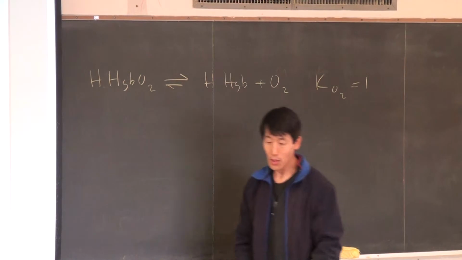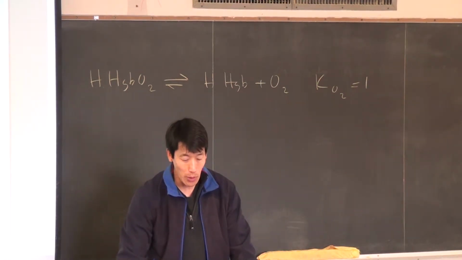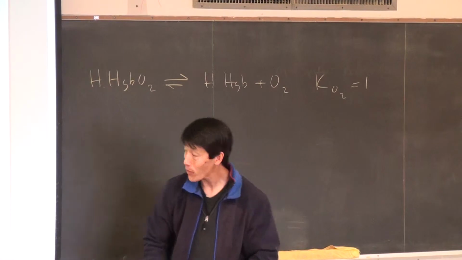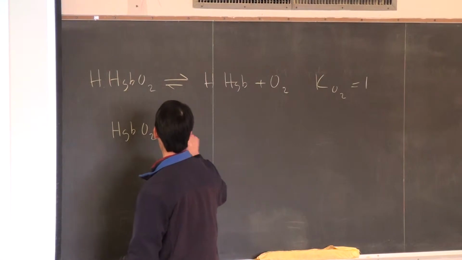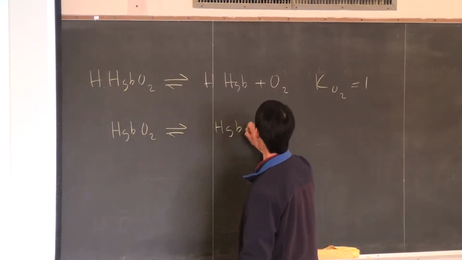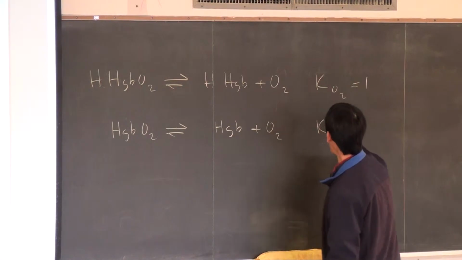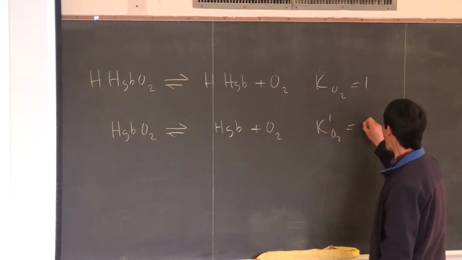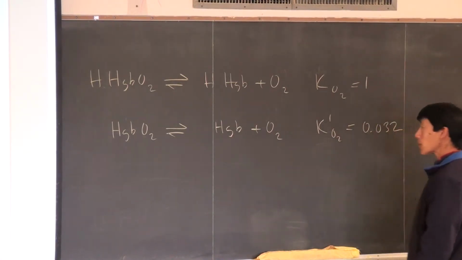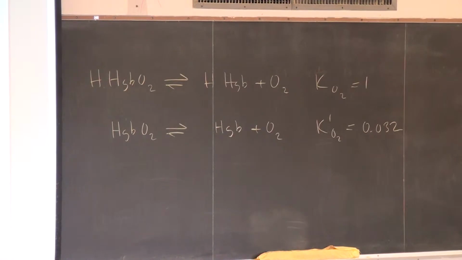And then let's take a look at this one right below it. HGB plus O2 going to HGBO2. The equilibrium constant called K prime for this reaction is 0.032. Okay, now we'll come back to this in just a minute.